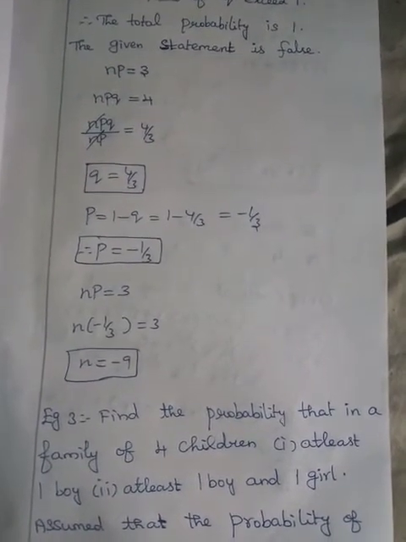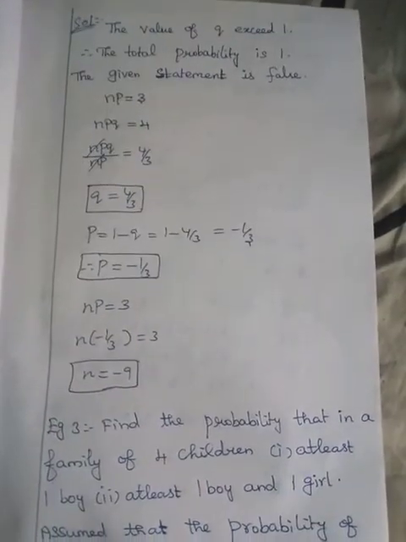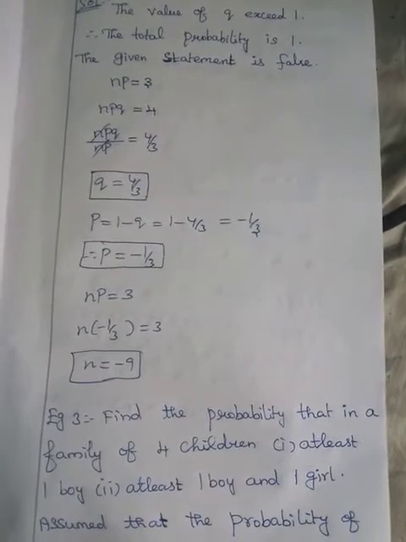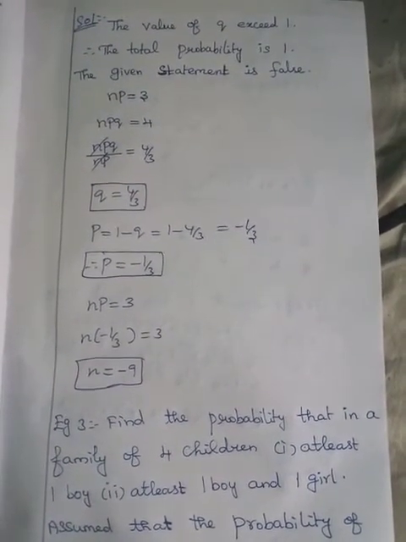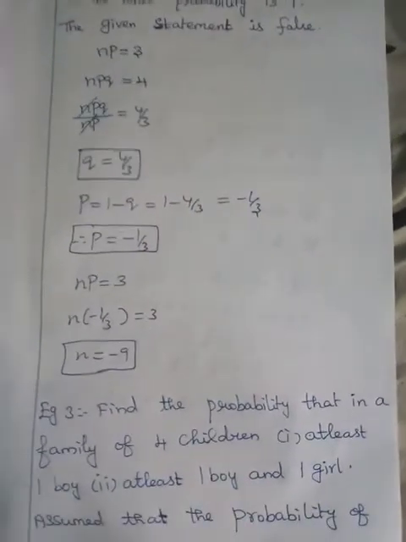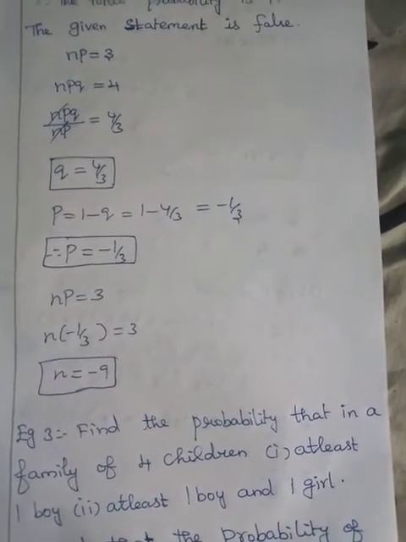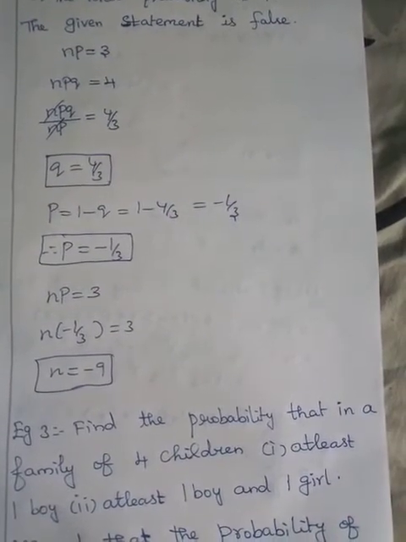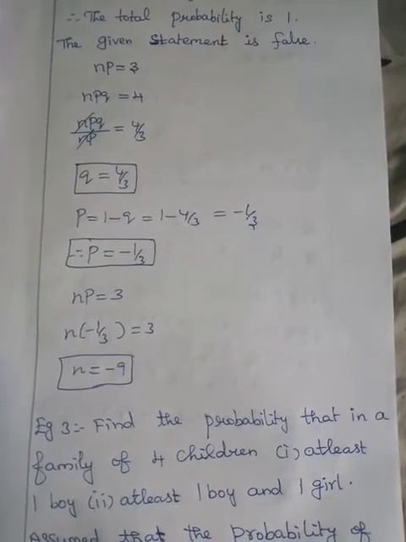Therefore p equal to minus 1 by 3. So np equal to 3. So n into p value minus 1 by 3, substituting we get it is equal to 3. So cross multiplying we get n equal to minus 9.